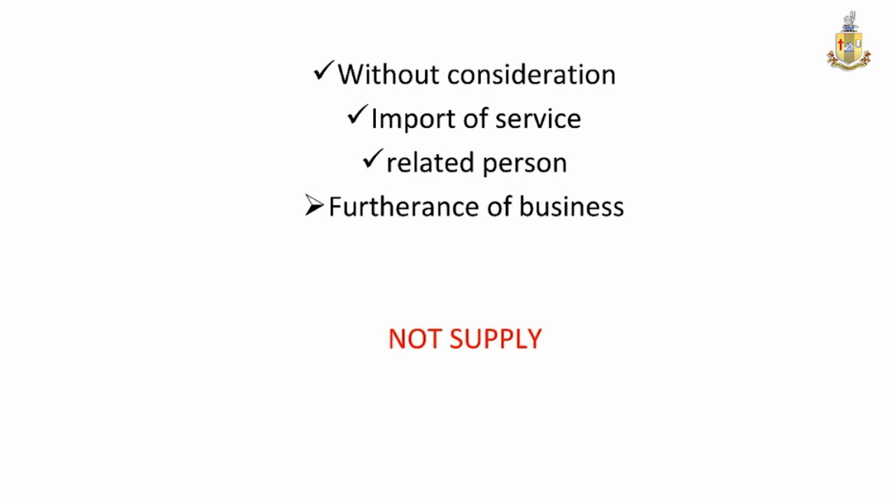Import of services, he is a related person, but for furtherance of business, the design is for his house, not for his company or office purpose. So this will not come under supply.